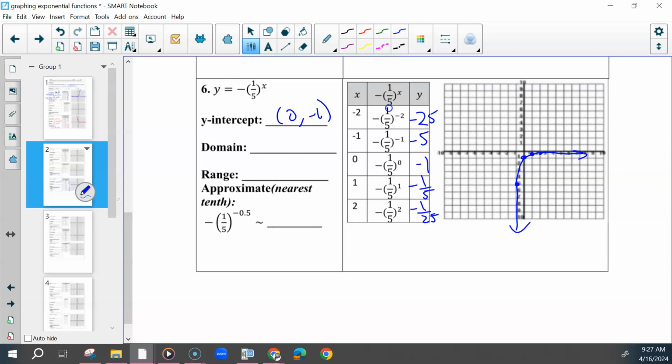Where does this start? Where does it end? Looking left to right. Follow this graph and keep going down and left. Where is it going to start?